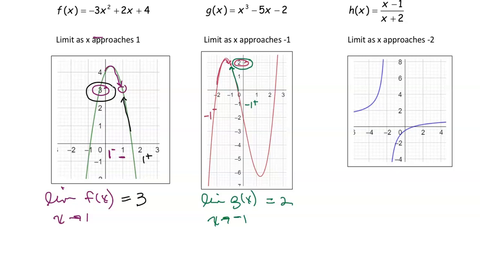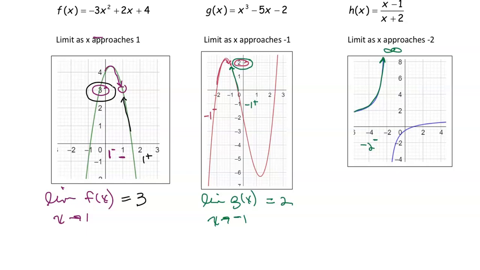I have a rational function. So those first two were polynomial. This is a rational function. As x approaches negative 2, if I approach from the negative side, which means I'm picking numbers that are smaller, and I'm aiming to get to an x value of negative 2, I am going up this way, but never actually getting there.